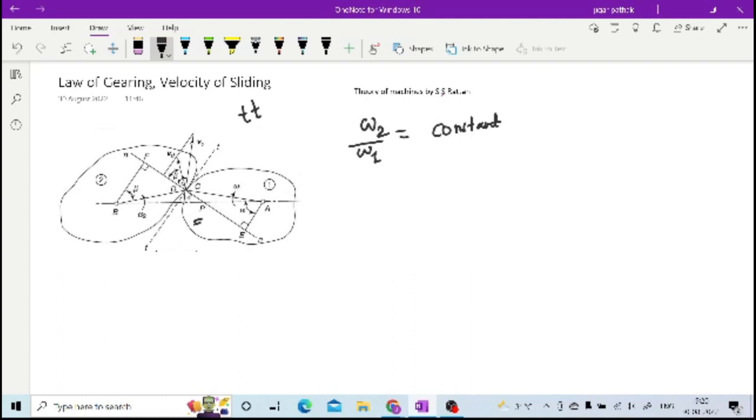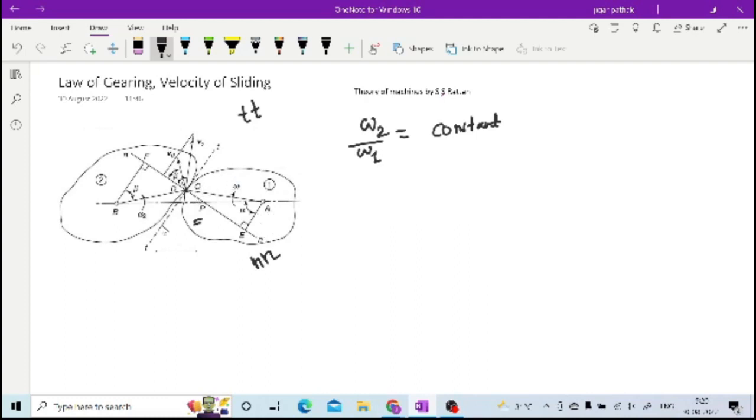This is basically the same point; we call it C on gear 1 and D on gear 2. When you draw a perpendicular to that common tangent, NN, that is your common normal. So NN is the common normal and TT is the tangent at the point of contact.